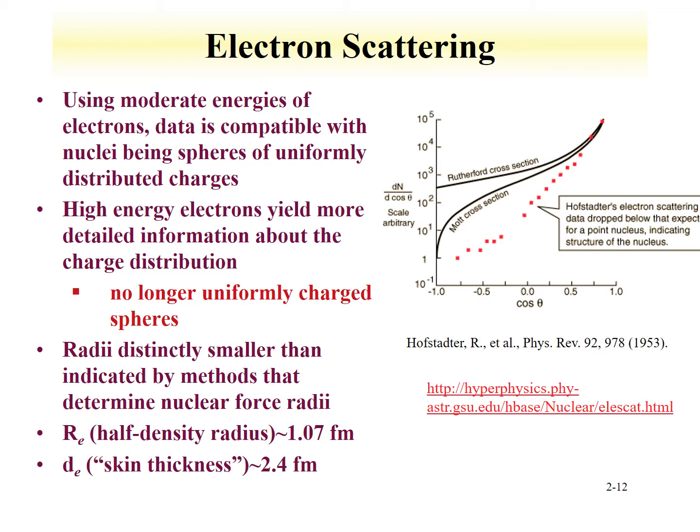The half density is where the radius goes from full density at the core to half that core density. And then there's a skin thickness which defines the drop of density from 90% to 10%.